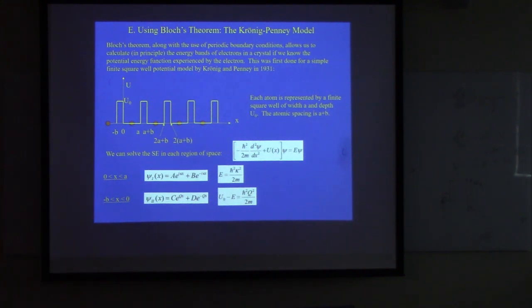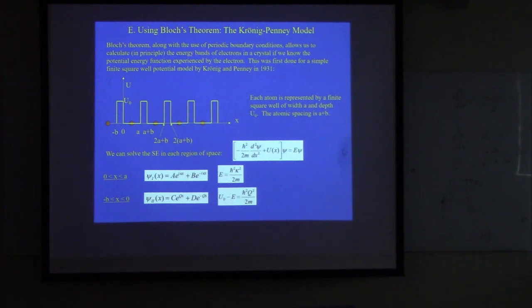Typical boundary conditions are what? Your psi at that x equals 0 value in the first region should be the same as in the second region. Also the derivative of this one at x equals 0 should be the same. That's fine, right?